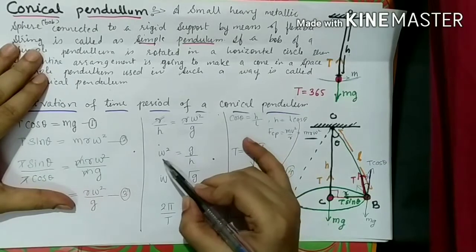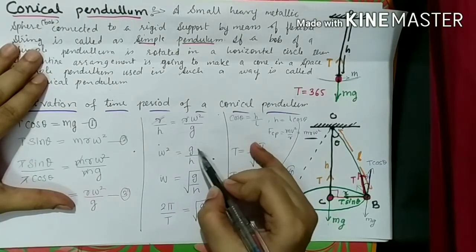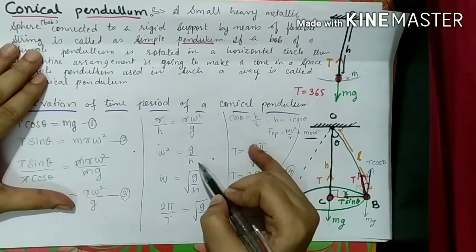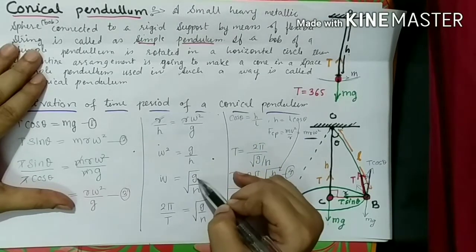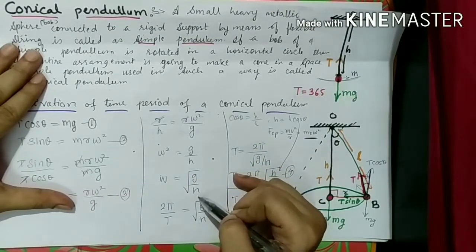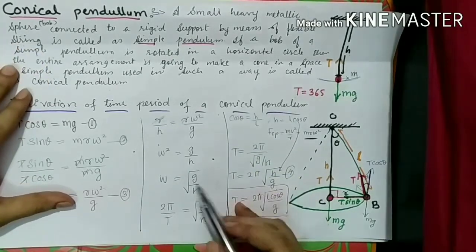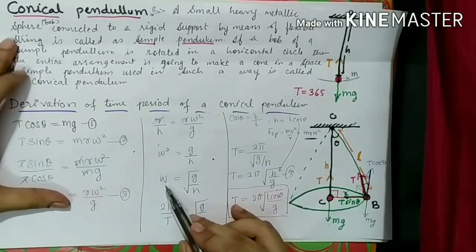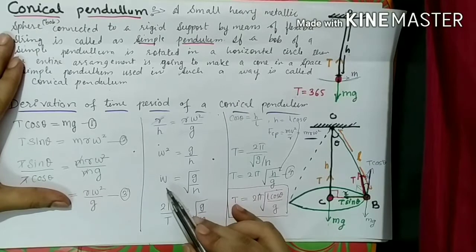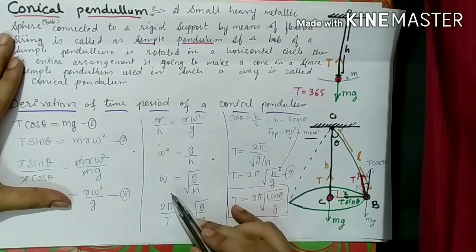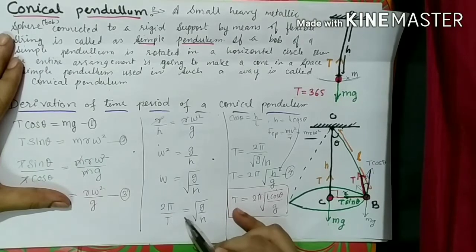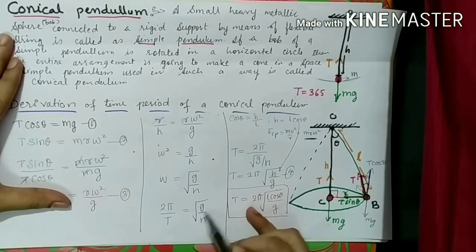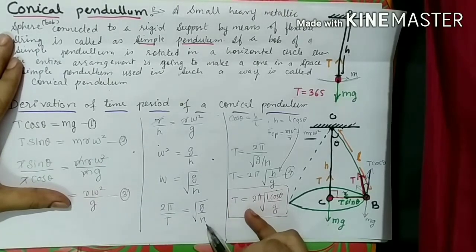We are going to get omega square is equal to g upon h. Then omega is equal to square root of g upon h. As we have discussed, the time period has one equation, omega is equal to 2 pi by T, which is equal to square root of g upon h.